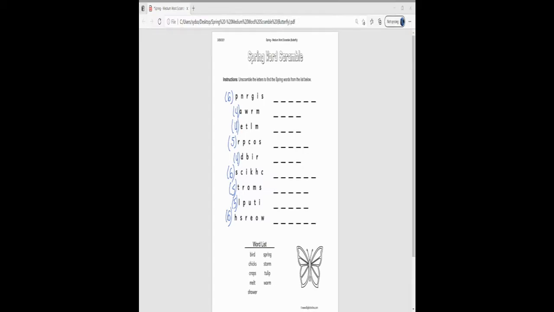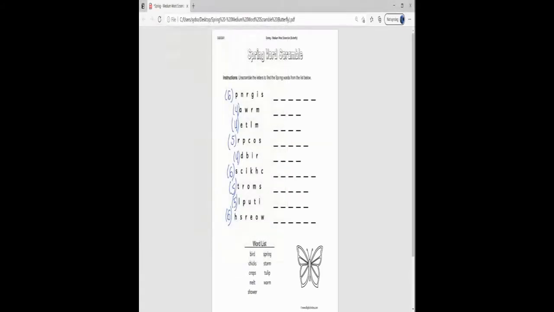We're now going to move on to the words at the bottom of the screen, the word list. Here, we're going to discover bird has 4, chicks has 6, crops has 5, melt has 4. Can anyone tell me how many letters are in the word shower? Very good. Our friends who said 6 are correct.